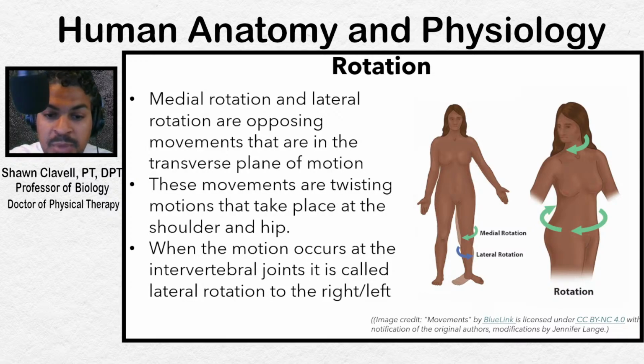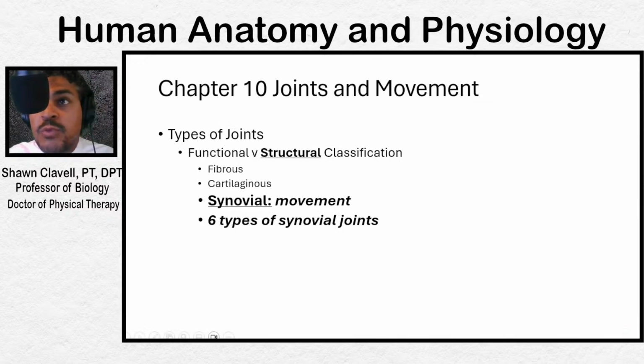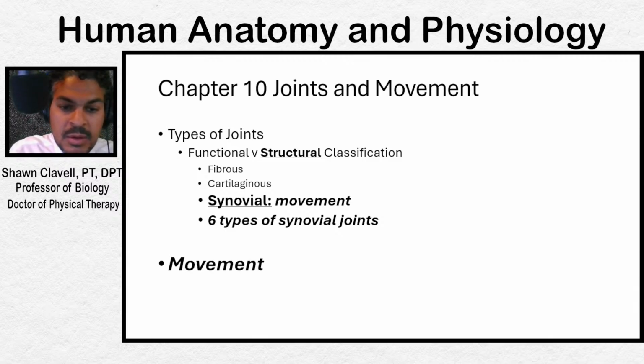And so that's the big takeaway when it comes to chapter 10, right? We're definitely going to talk about the different types of joints. The synovial joints take main stage shortly after that. But then also the big one here that we're going to talk about is movement. And so again, this is where we talk about specifically what joint we are talking about.